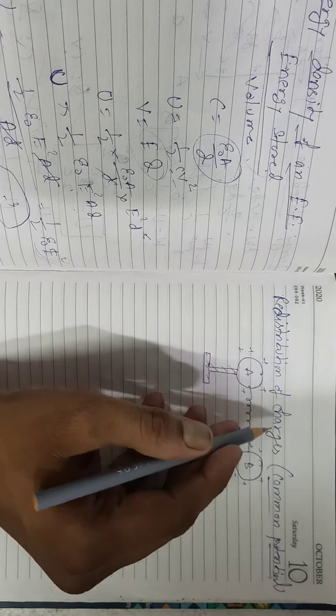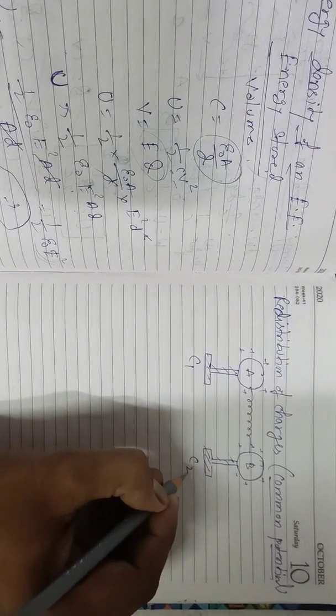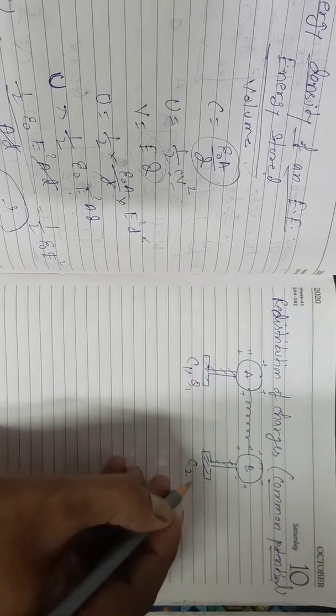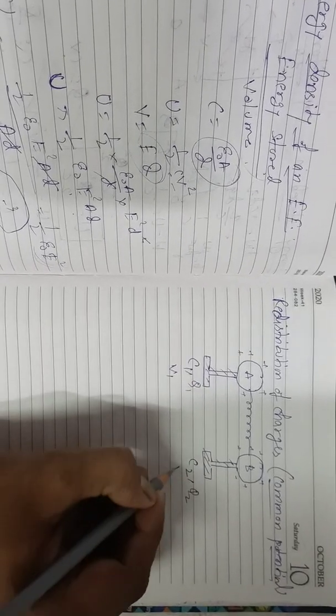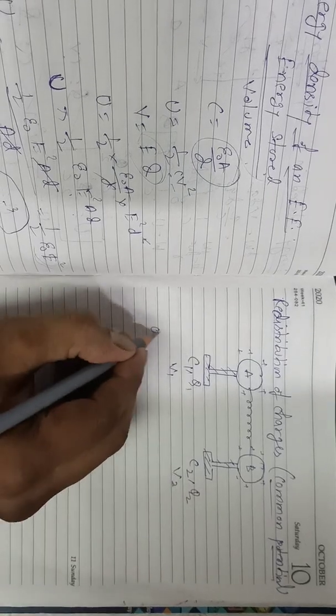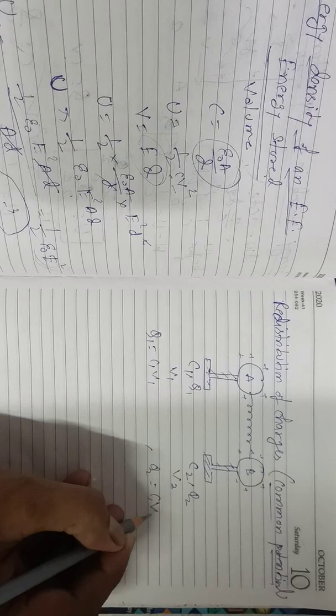Consider two capacitors of capacitance C1, C2 having charges Q1, Q2. If V1 and V2 are their potentials, then we know that Q1 equals C1 V1 and Q2 equals C2 V2.